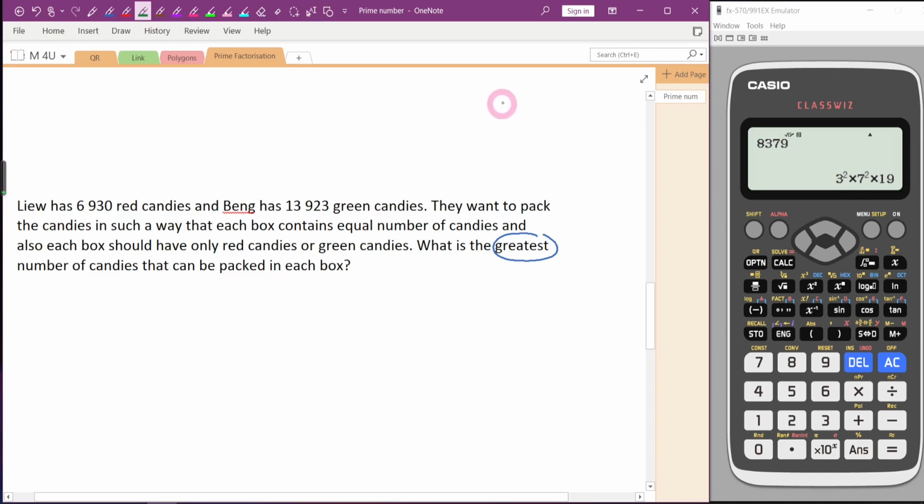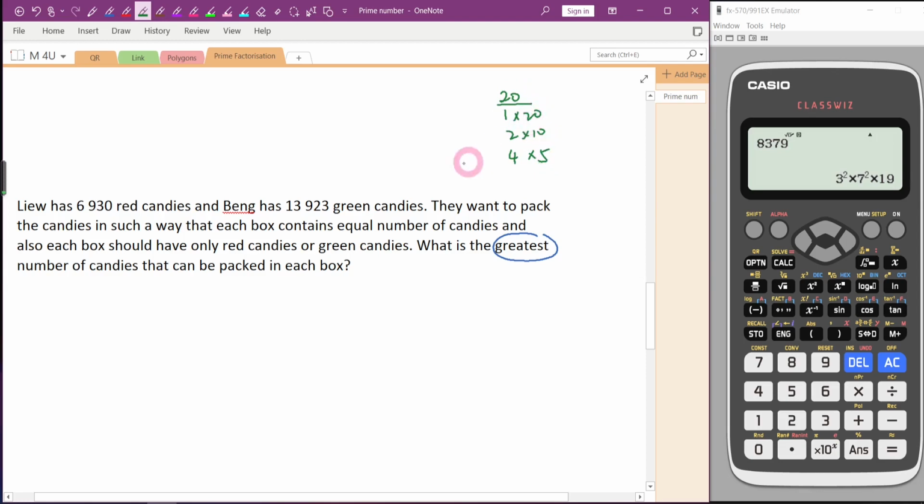Why? Let's say you have 20. The factors of 20 are 1 times 20, 2 times 10, and 4 times 5. What does this mean? These are all the factors of 20. This means that 20 can be divided into 1 group, 2 groups, 4 groups, 5 groups, 10 groups, and 20 groups.